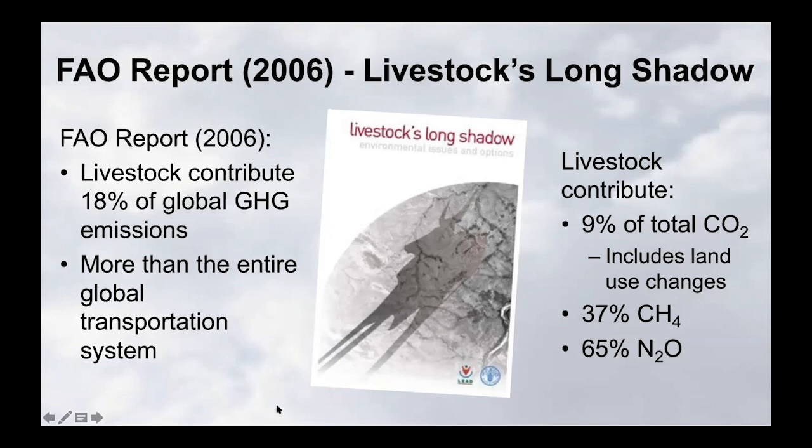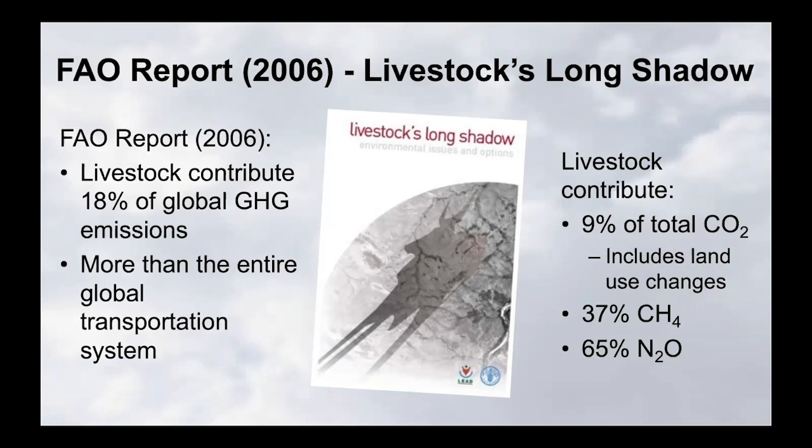The other thing they'll oftentimes report, they have that livestock contribute 9% of the total carbon dioxide emissions, 37% of the methane emissions, and 65% of the nitrous oxide emissions. So oftentimes you'll see little reports and they'll say, of the methane and nitrous emissions, not counting carbon dioxide, agriculture, livestock contribute, and then they have these huge percentages.